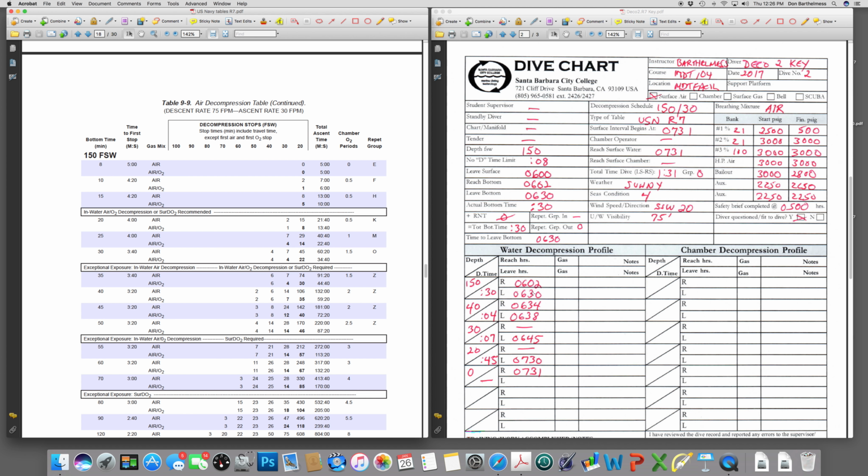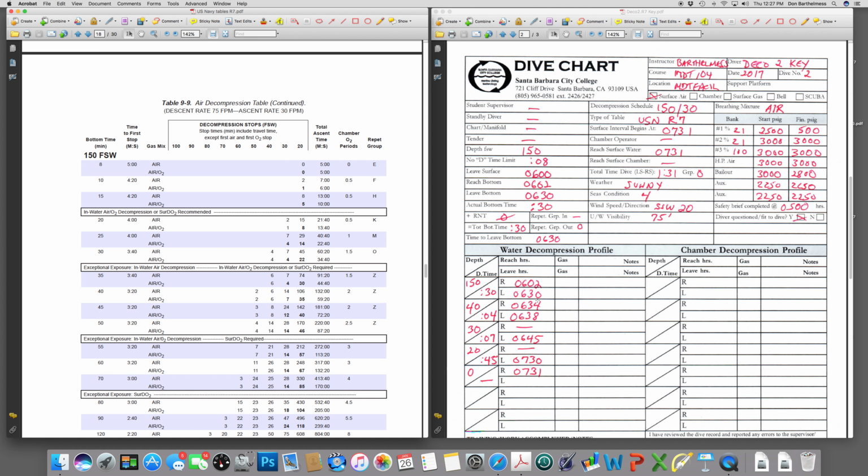Okay, leave the bottom at 6:30. We're now traveling up to 40 feet at 30 feet a minute. That's 110 lineal feet, or 220 seconds. We're going to take that number and we're going to round it up to 4 minutes, and that is the time we begin our first stop.